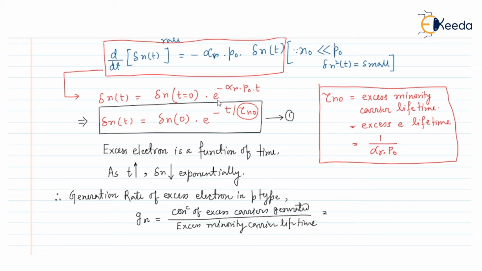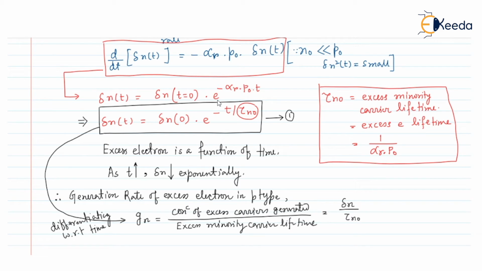That is, for this case we can write del n divided by tau n0. So Gn is equals to del n by tau n0, and this value can be found from this equation by differentiating with respect to time.